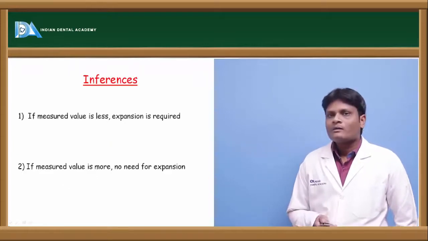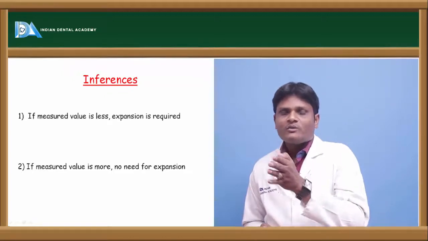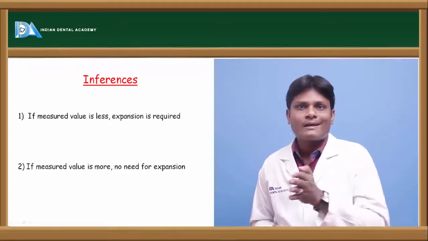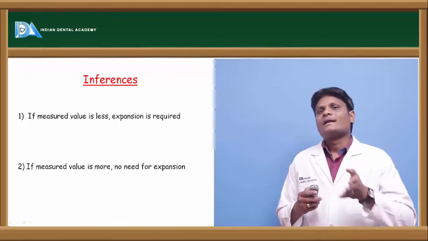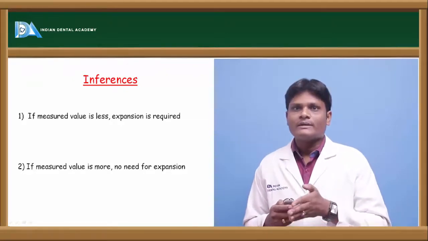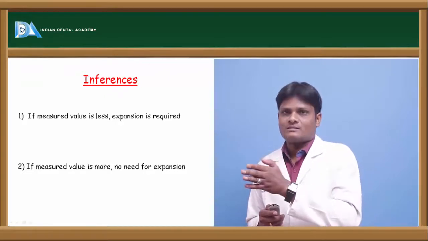Now, we compare the measured premolar value to the calculated premolar value, and the measured molar value to the calculated molar value. If the measured value is less than the calculated value, it indicates that we need expansion of the arch.